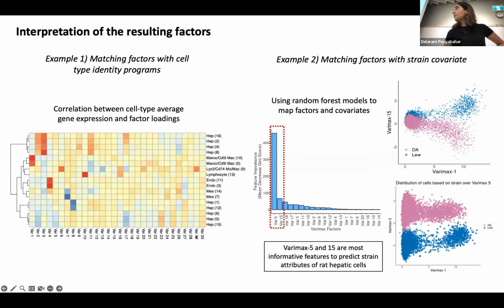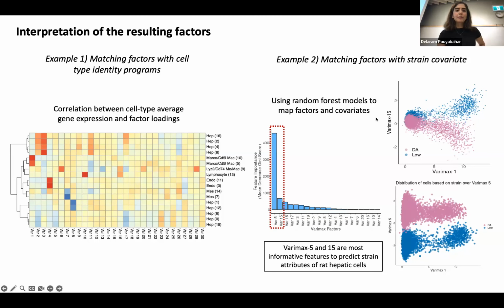And on the columns, I have the factors. These are Varimax factors. You can see that, for example, Varimax factor number 1 is matched with macrophage populations like Marco positive and CD50 positive macrophages, which are non-inflammatory macrophages. And Varimax number 2 represents the cell type identity of some hepatocytes, and so on.